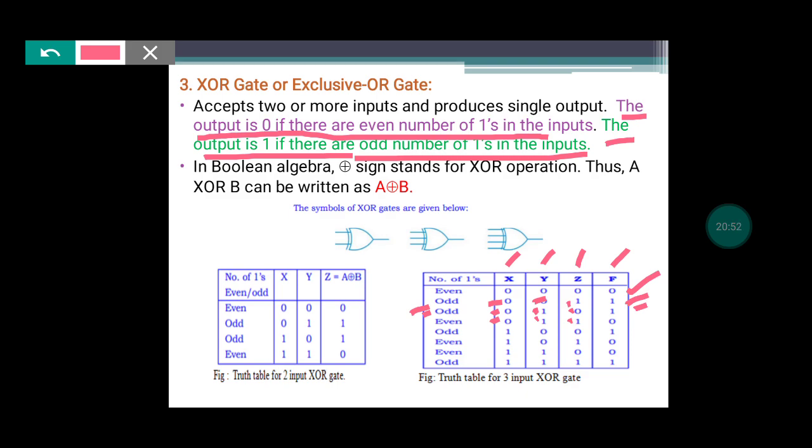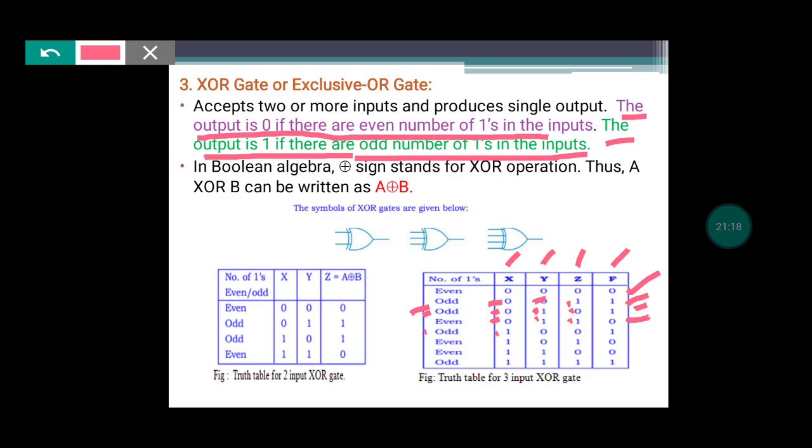So at that time what is the output? Output is 0. I hope you are getting it. When 1 has appeared an even number of times, the output will be 0. If the input signal 1 has appeared an odd number of times, the output will be 1.